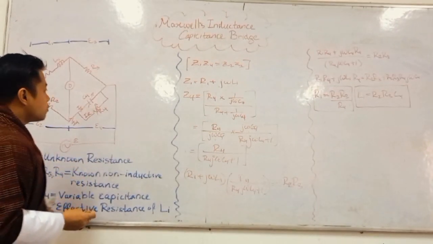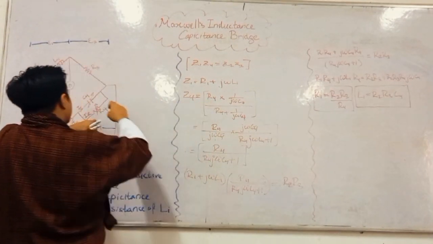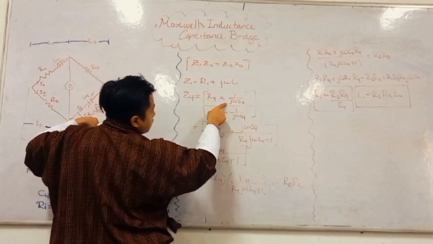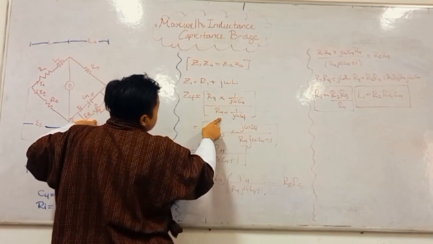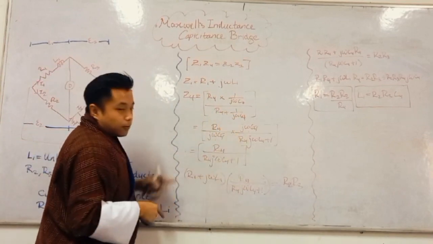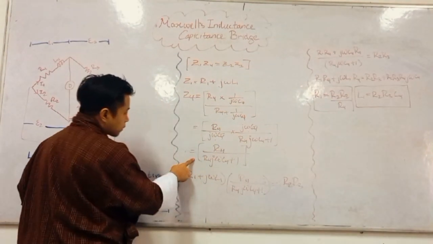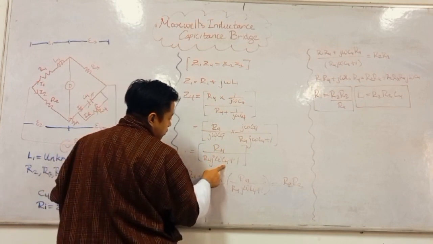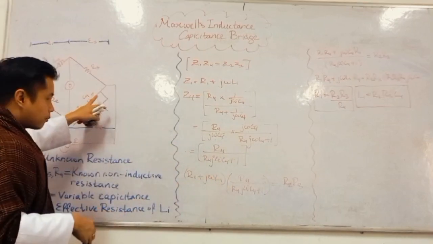We multiply R4 by the impedance of this capacitor, which is 1 over j omega C4, divided by the sum of R4 plus 1 over j omega C4. When we simplify this, what we are left with is R4 divided by R4 j omega C4 plus 1. So this is the effective impedance across this arm right here.